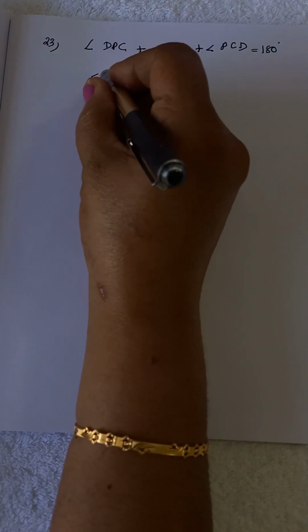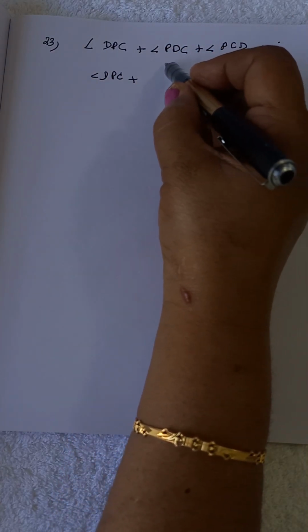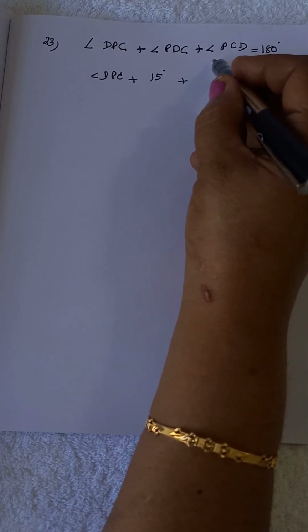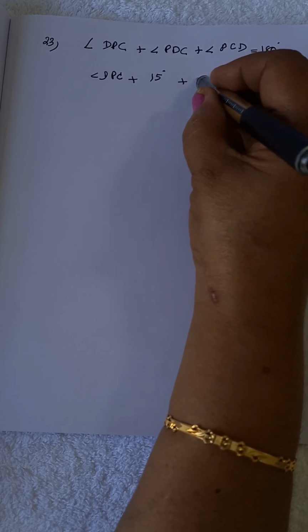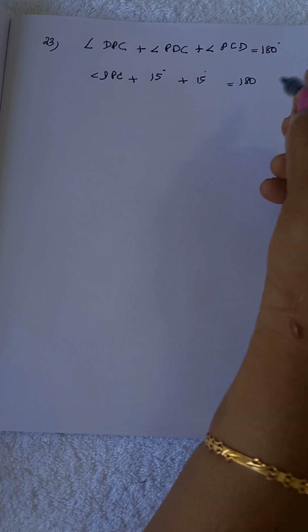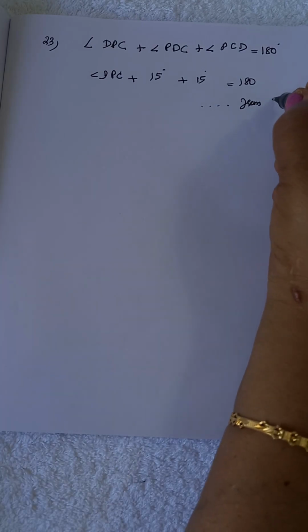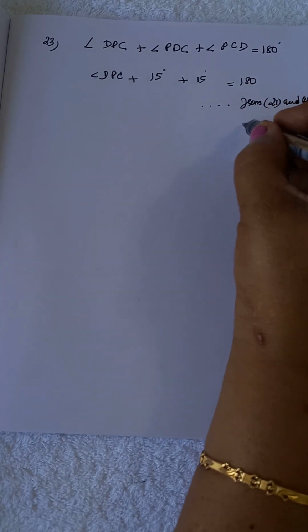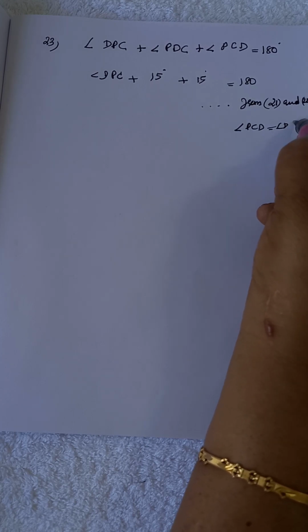So angle DPC plus angle PDC as 15 degree and angle PCD, or DCP, as 15 degree. These two are the same, so that is equal to 180 degree. So reason is from points 21 and 22, and also angle PCD is equal to angle DCP.